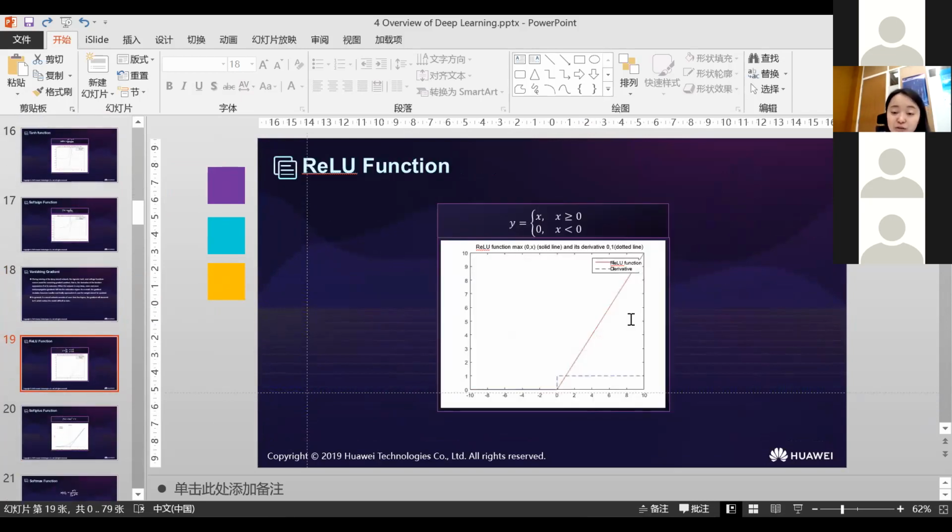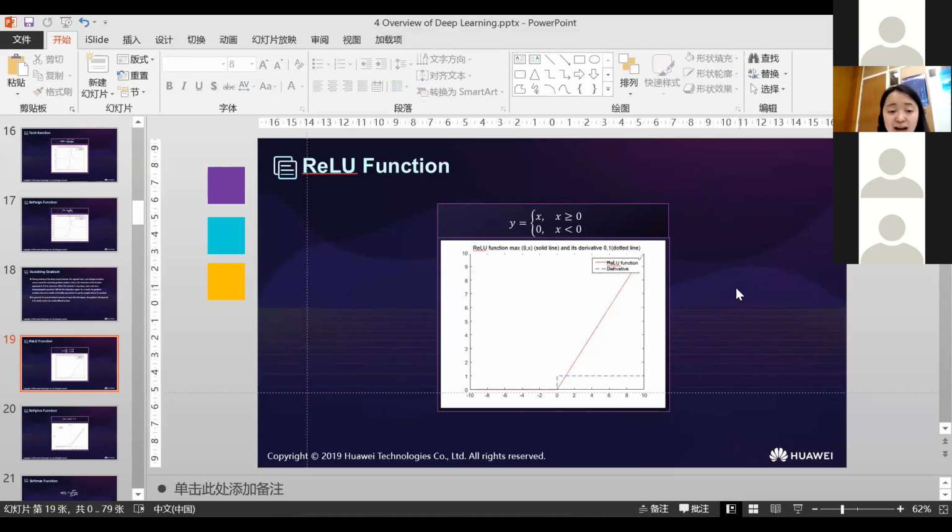So we have to be familiar with these functions so that you can create your model, because if you create a model, you need an activation function. Thank you so much. I get it.